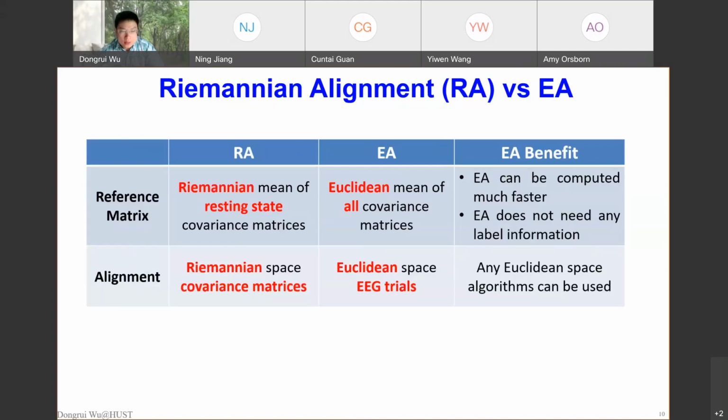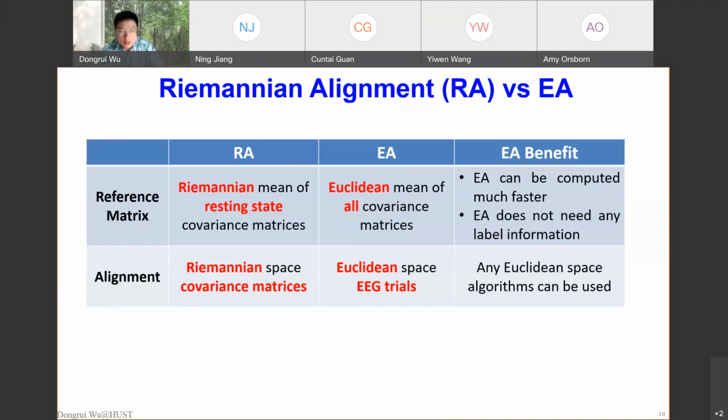For alignment, RA aligns the covariance matrices in the Riemannian space, whereas our proposed EA aligns the raw EEG trials in the Euclidean space. The benefit of EA is that because everything is in the Euclidean space, any Euclidean space algorithms, such as signal processing and machine learning, can be applied to the aligned EEG trials.